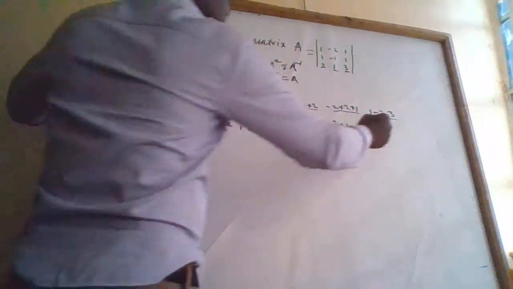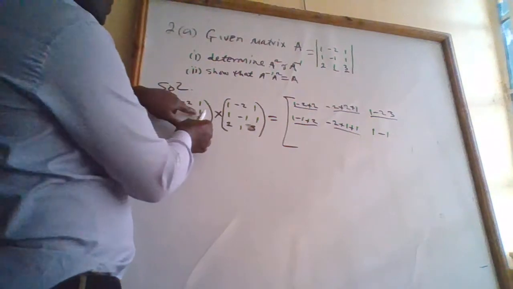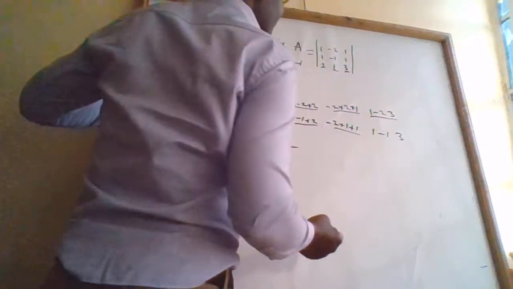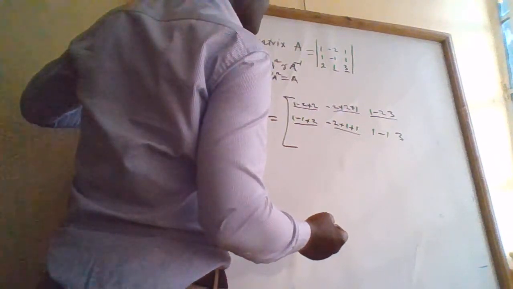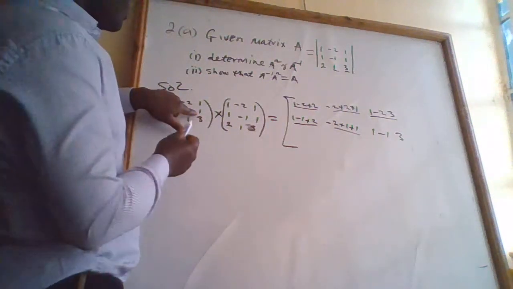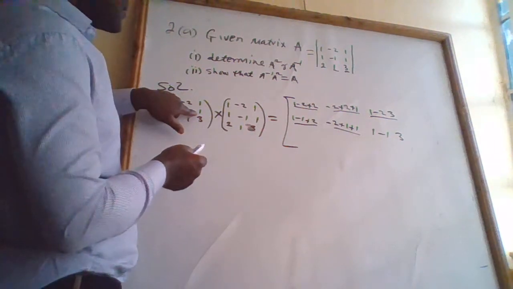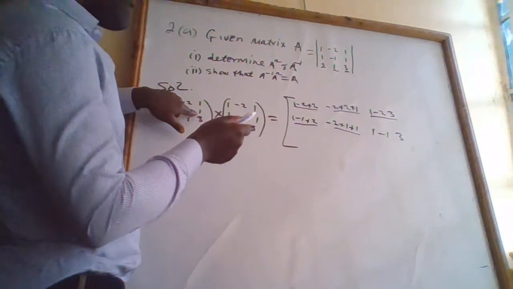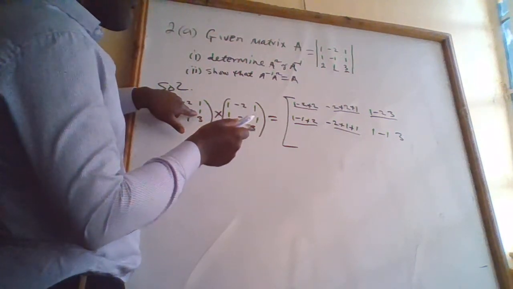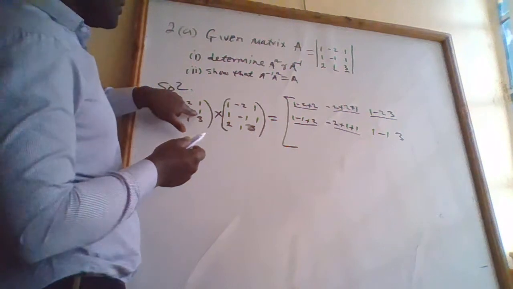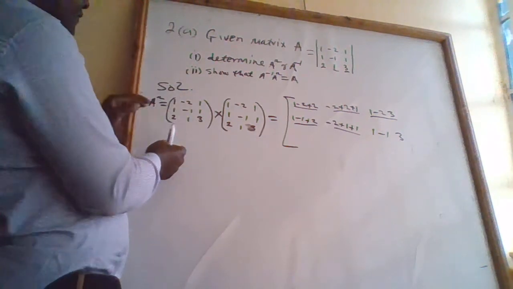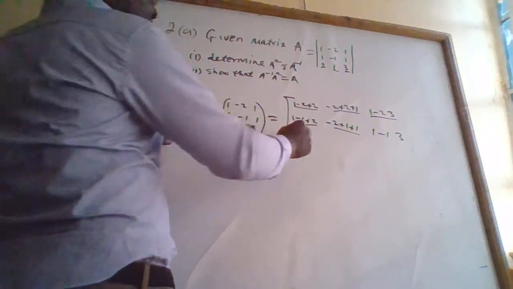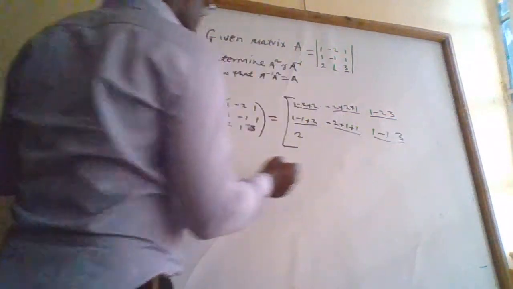Negative 1 times 1, negative 1. 1 times 3, we have 3. And the last one, we have 2 times 1, we have 2.